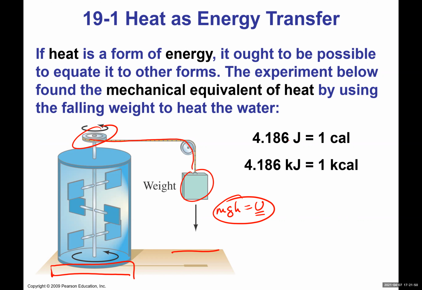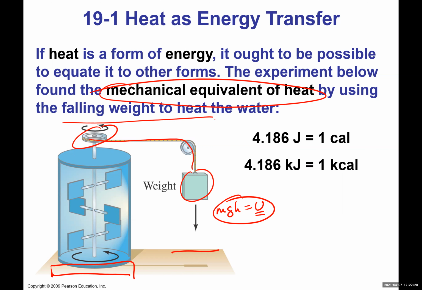That means energy coming from mechanical means is exactly the same as from a different source, like putting it on a hot plate or something like that. So that's why what we have here is the mechanical equivalent of heat. He showed that a falling object is able to add energy into the system, the same way as the hot plate can, and the temperature of the water will increase exactly the same way.